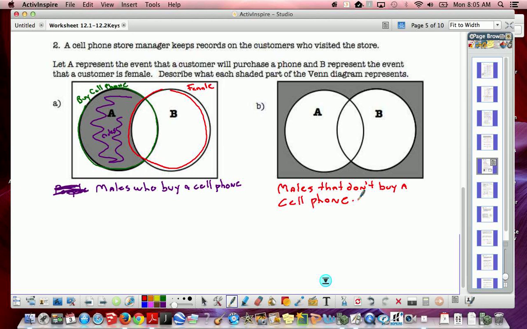So just to remember with your Venn diagrams, in this case this area right here has nothing to do with my answer, but this would be females that buy a cell phone. This little chunk of B here would be females that don't buy the cell phone.